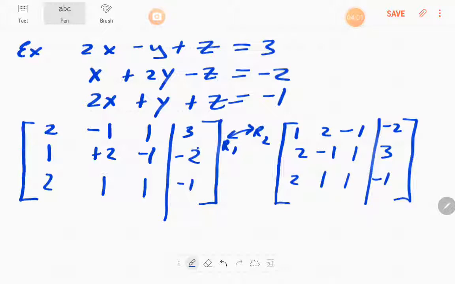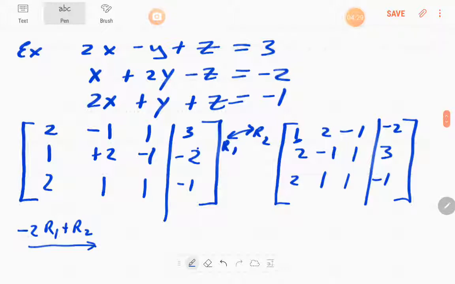Okay, so I'm going to use this here as a pivot point. That's a pivot point because that number is going to remain, whereas all the numbers below are going to turn into 0. So I could multiply row 1 by minus 2 and add it to the second row.